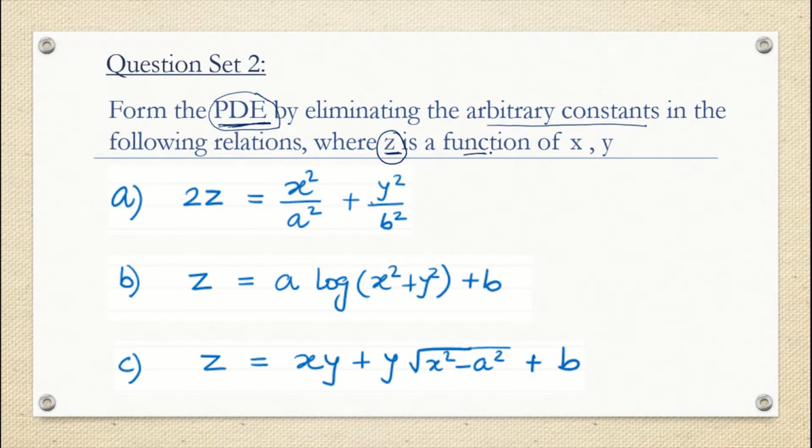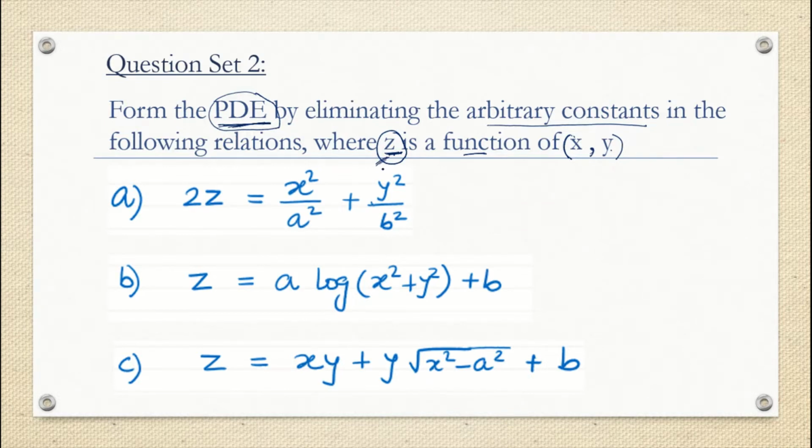But this function is not a single variable function. The function depends on two variables, and these two variables will be actually independent to each other. In partial differential equation, we have to deal with multivariable function and the relation between partial derivatives of this multivariable function.